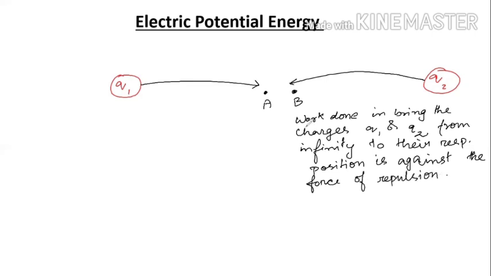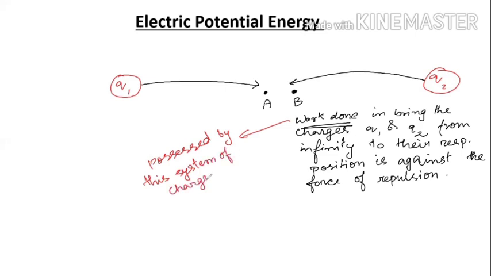So this work done by the charges Q1 and Q2 is stored as electric potential energy, and this work done is possessed by this system of charges, that is Q1 and Q2.